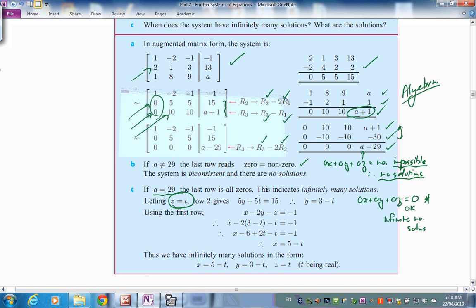But if we said it was anything, we could substitute it back into row 2, get a Y expression in terms of T, put it back in row 1, get X in terms of T, and we do see there is a set of solutions that follows that pattern. We just didn't have enough information to find a unique solution.